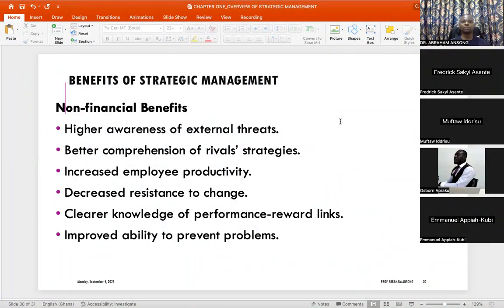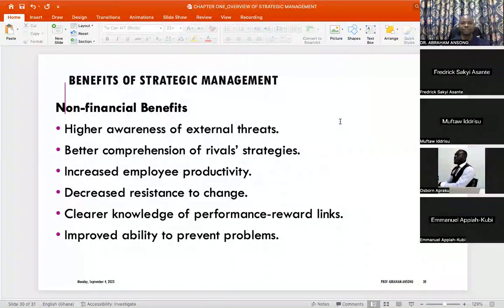Also, when we go to strategic change, we saw that you needed to establish some change network, people that will help, okay, in bringing about those changes. That network can also help to reduce resistance to change. It provides clearer knowledge of performance reward links.